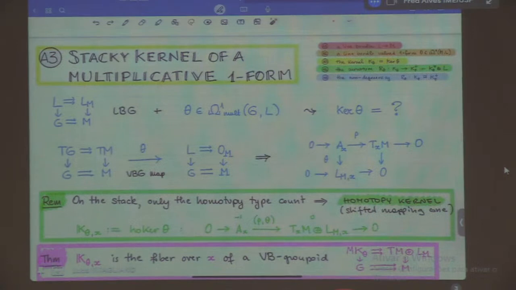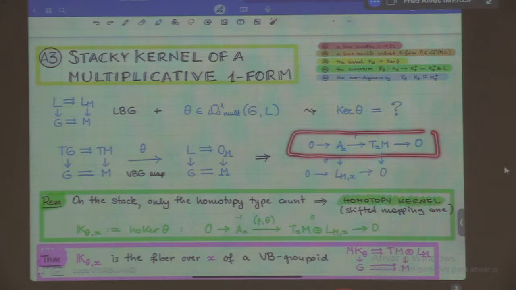This way, we basically went through the second object, and now we want to define the kernel of a stacky one-form. So again, we begin with a line bundle groupoid. We take a multiplicative line bundle valued one-form, and we want to define its kernel in a Morita invariant way. Well, in order to do this, we use the interpretation of the homotopy type of the fiber of a VB groupoid as the fiber of the vector bundle in differentiable stacks.